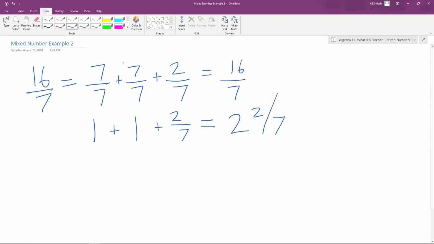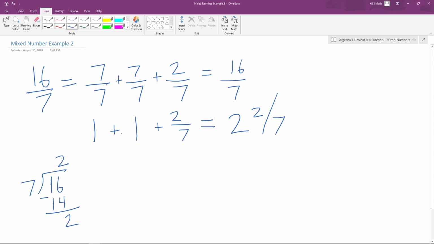Now, another way to do this, and the quicker way, is to just divide 16 by 7. So I'll just write it out. We have 16 divided by 7. It'll go in there 2 times. So 7 times 2 is 14. Subtract, and I get a remainder of 2.